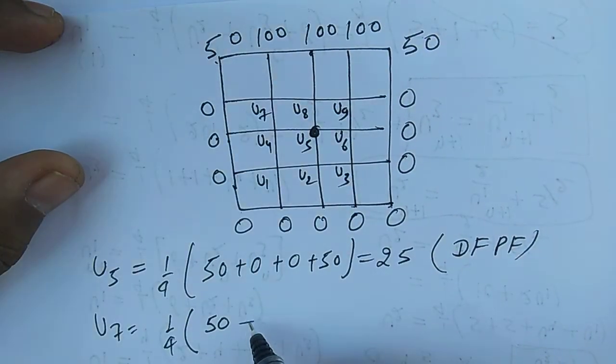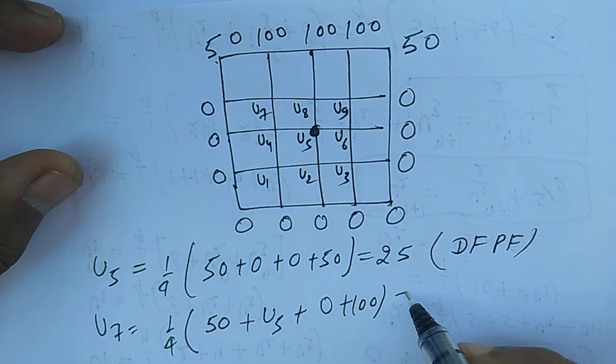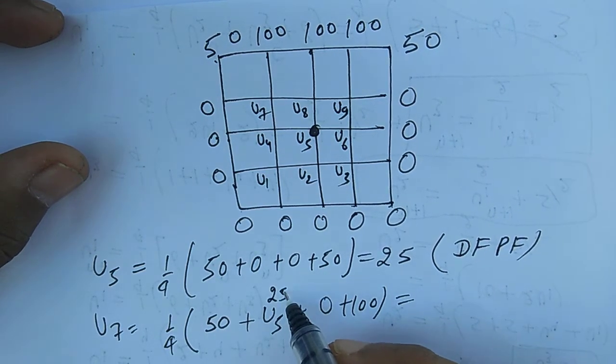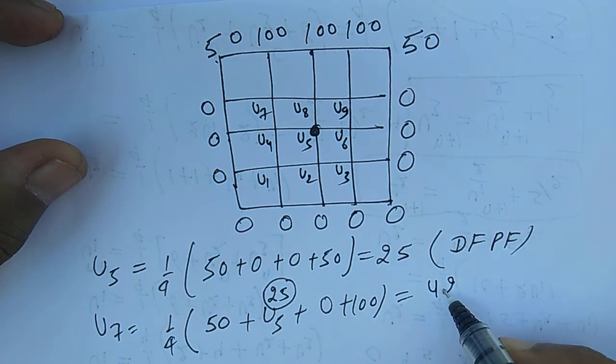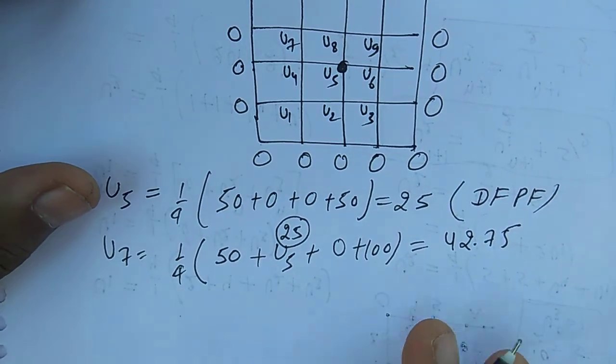So 50 plus u5 plus 0 plus 100. So u5 is 25, so we can substitute 25 here and simplify. So we get 42.75. So this is for u7.